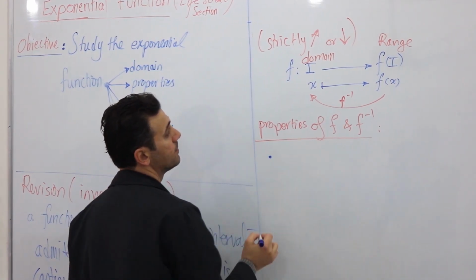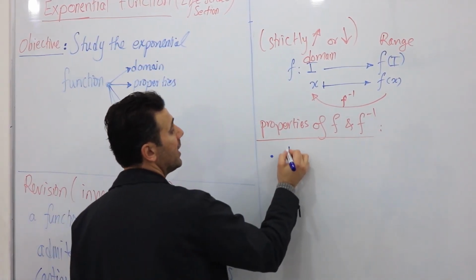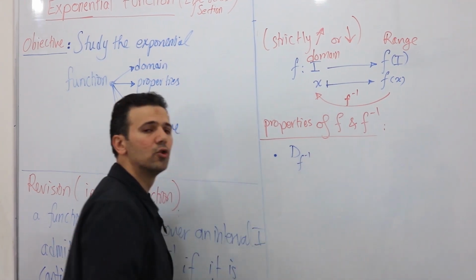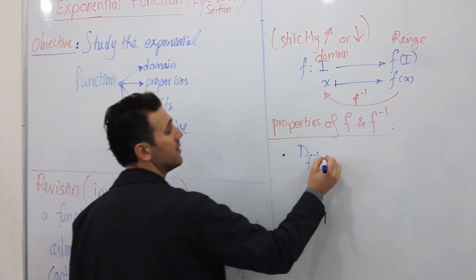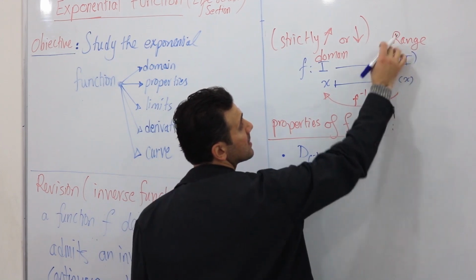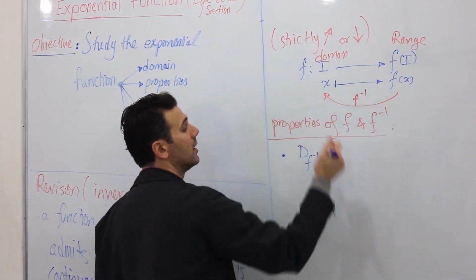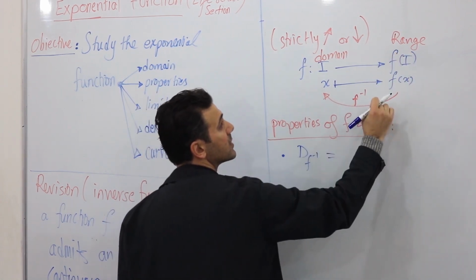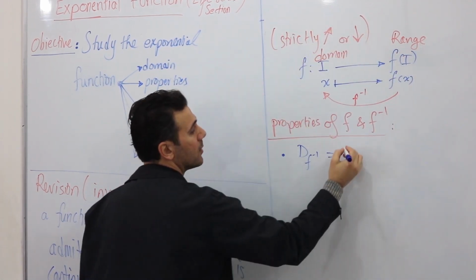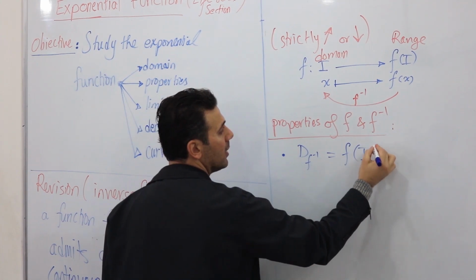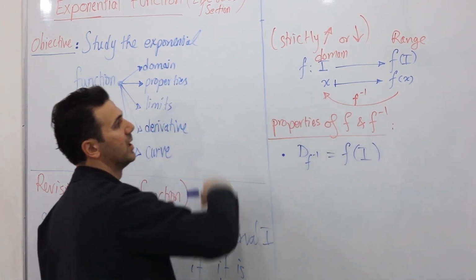First property, domain of f inverse. What is the domain of f inverse? It's in fact this, as we have said, f inverse takes values from here back to I. So this is the domain of f inverse, which is the range of f. It will be f of I, where I is the domain of f.